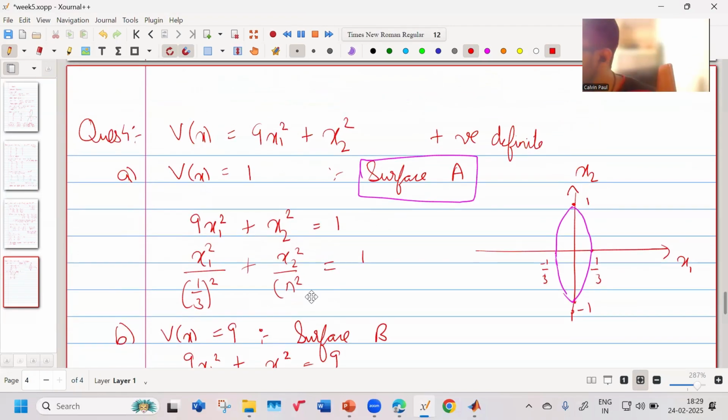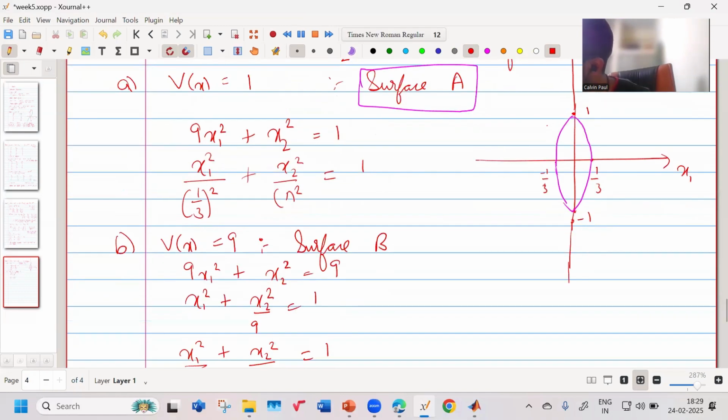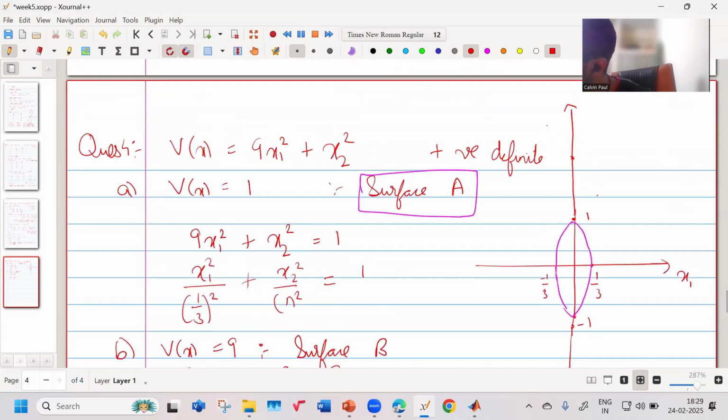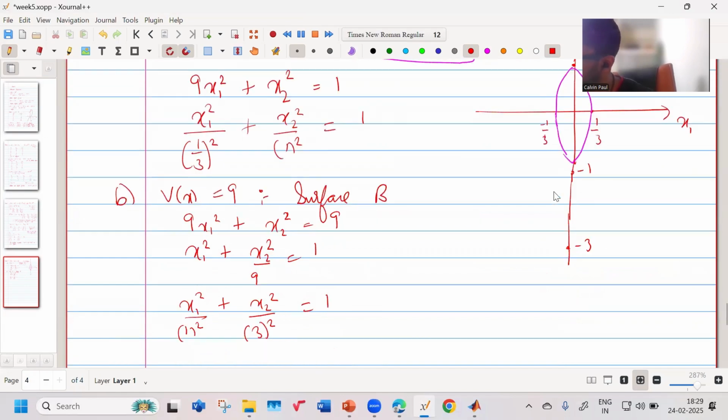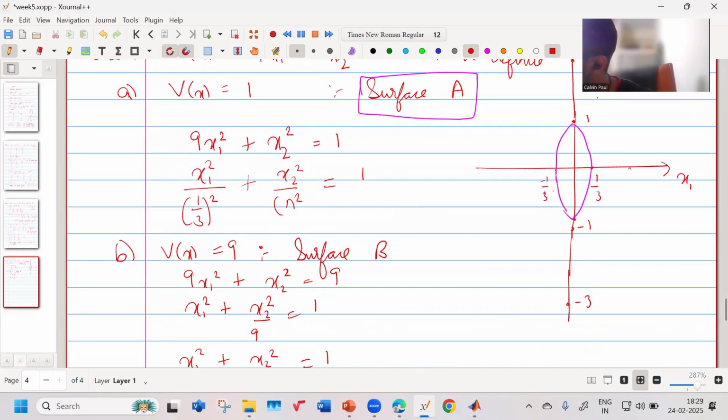So I made a mistake. Like I have not drawn, considered it properly. So let me just rub out some parts. Let me just extend this line. Okay. So this, let us assume it goes till here. This also, let us assume it goes till here. And this is our minus 3 point. This is our minus 3 point, right? And this is our x1 1 point.